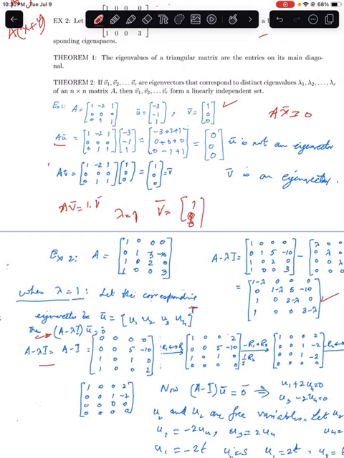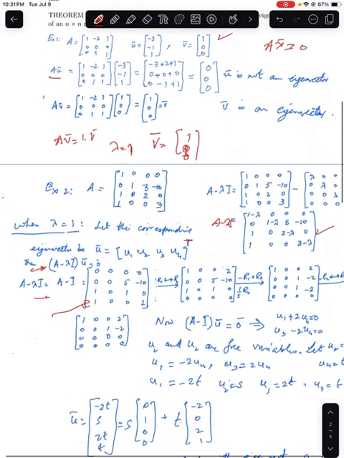When I plug in 1 in the matrix A minus lambda I, I get this matrix, because it becomes A minus I. The first row, if you notice, is a row of zeros, and we want the row of zeros at the end, so it is better to swap it with the last row, because the last row has a 1 in the first position, which can be our pivot, and also we want the zeros in the end.